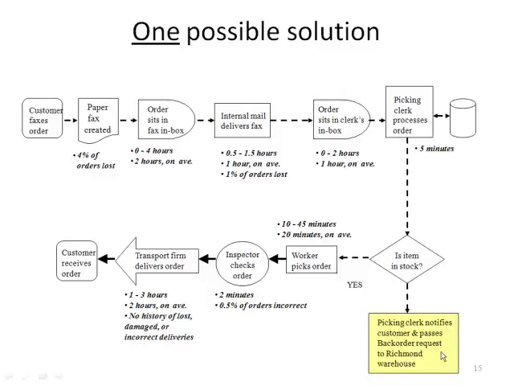Okay, so we've talked about average time through the system and how much of that time was maybe value added. What about the yield rate? What is the probability that an order gets through the system perfectly? That is, the order gets through, delivered to the customer, and it's correct. Well, if we look at this, we have 96% of the orders get through this step correctly. 99% of them get through that next step.